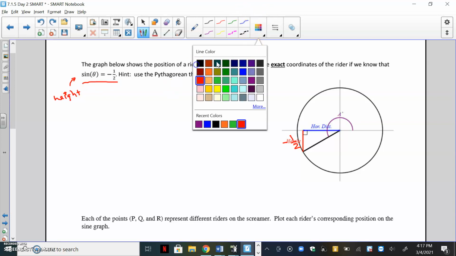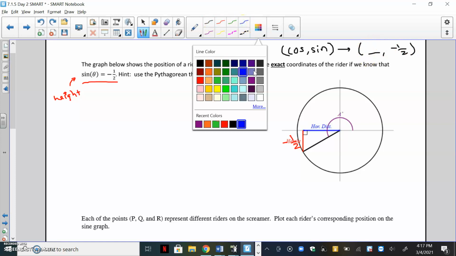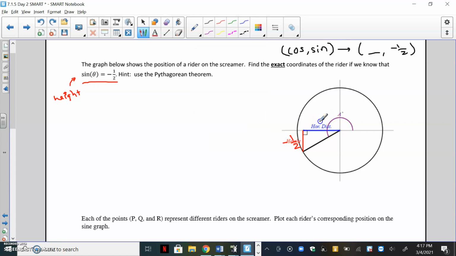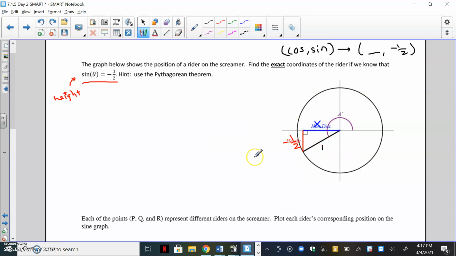Because I'm looking for coordinates, remember that that means cosine comma sine. Now I've already provided you with the sine, it's -1/2, so you have half the answer, but we don't have what the cosine is, and that's what we need to find. So the cosine is the horizontal distance, so I will put an x there. I'll put a 1 on this hypotenuse, that's always 1.